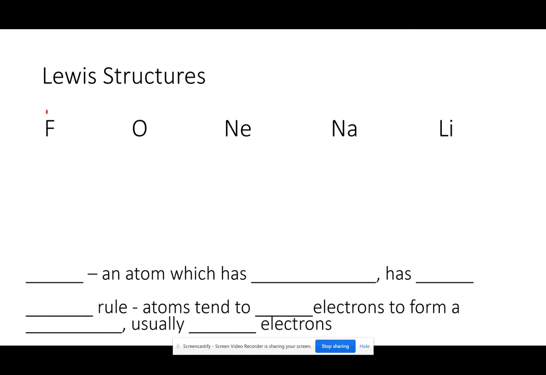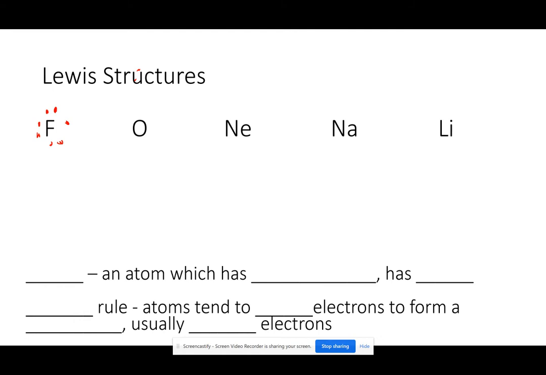So fluorine has 7 valence electrons. That's 1, 2, 3, 4, 5, 6, 7. So I draw 7 dots around fluorine, and that's the Lewis structure for fluorine.